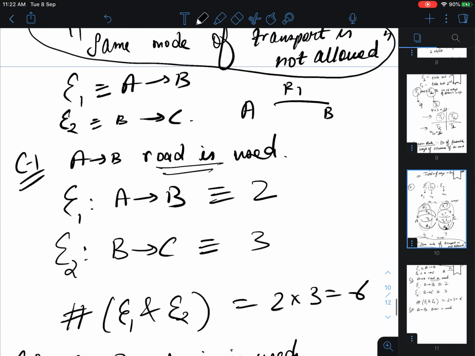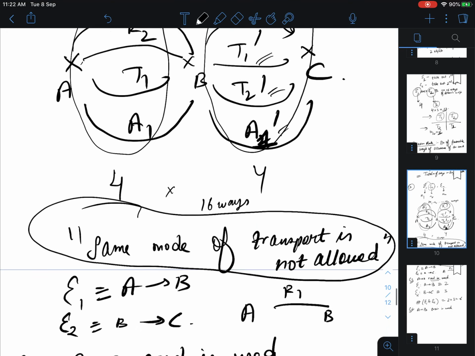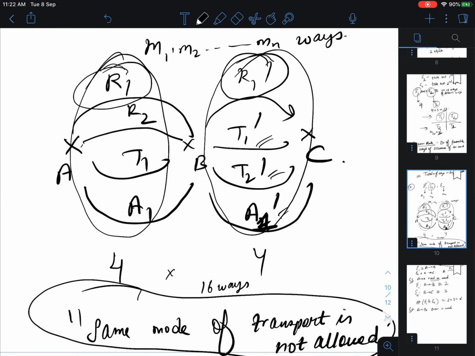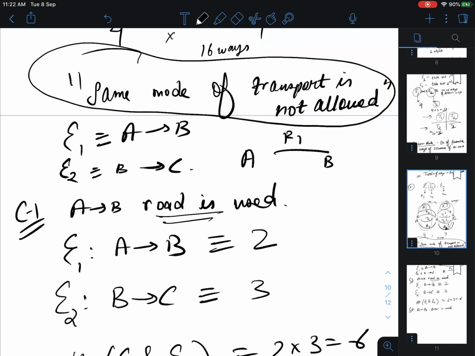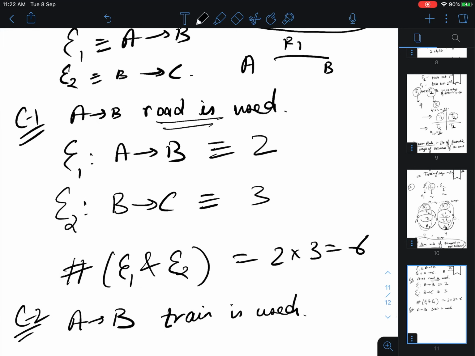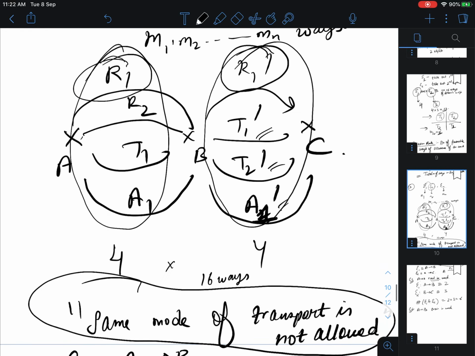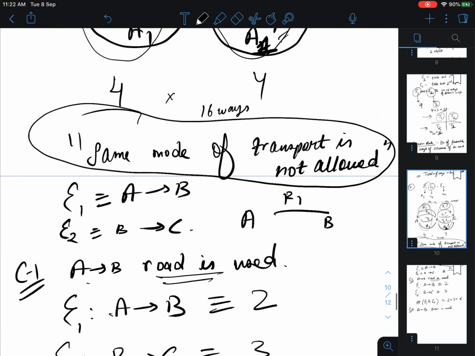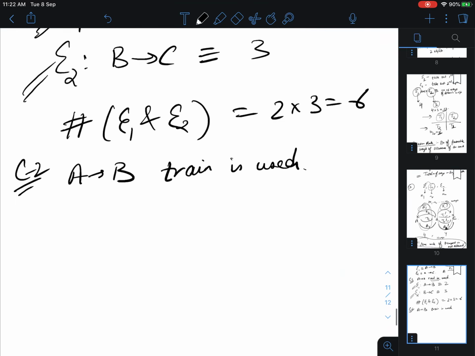Once you have said that from A to B road is to be used, there are 2 possible ways of going from A to B, that is via road 1 and road 2. Now for making a choice for going from B to C, it doesn't matter what choice of road you make. So in that sense, now event E1 and E2 are independent.